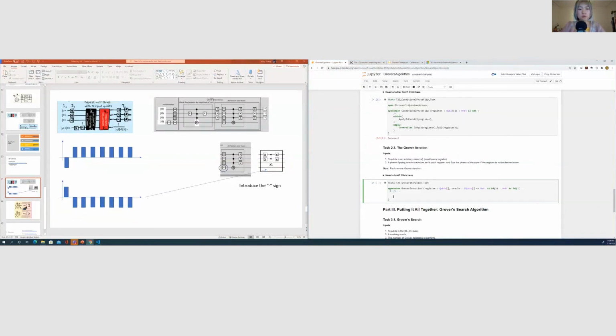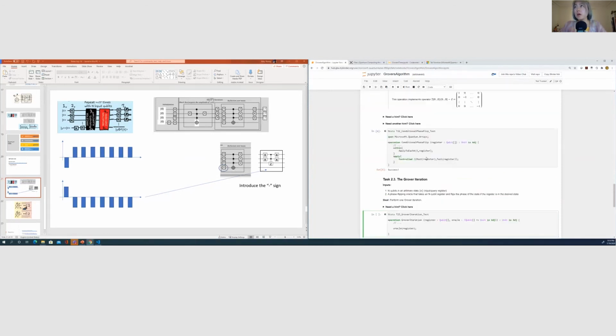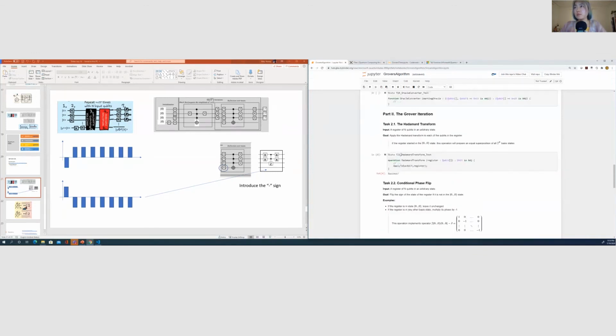Because oracle here is already introduced, and this is your oracle, you write oracle register, and then you have the Hadamard, and we had the Hadamard transformation defined here.